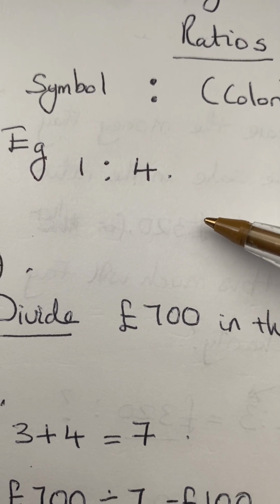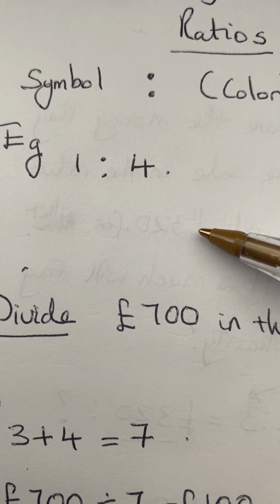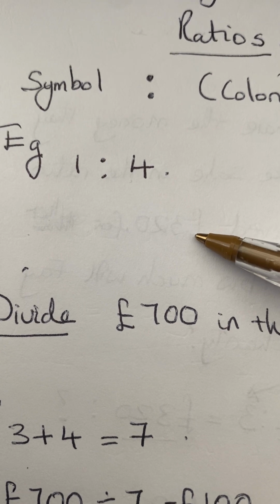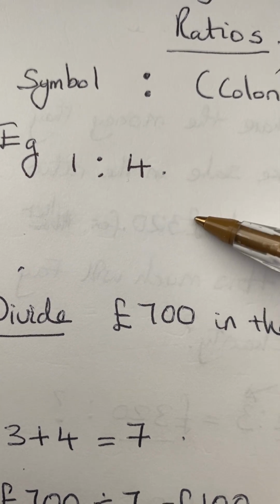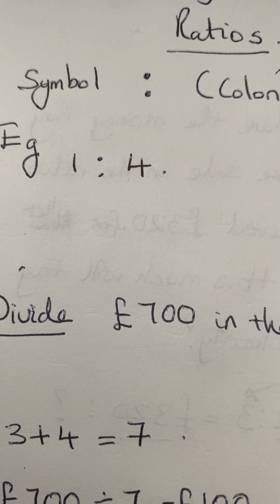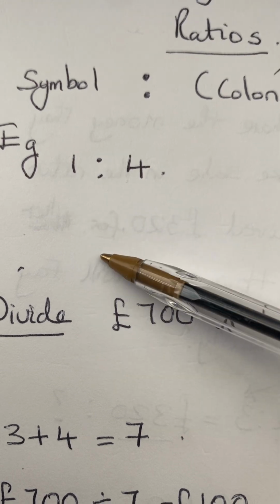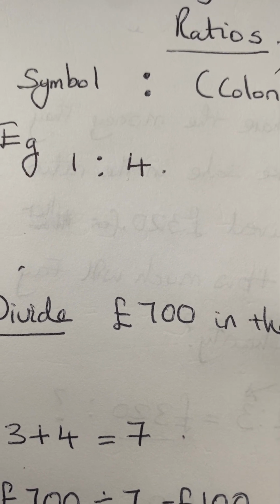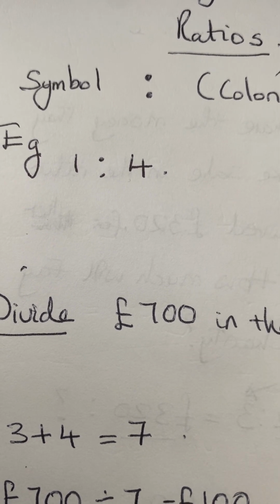So maybe if you have 10 apples, then you can divide it into a 2, a 4, and a 4 proportion, where the ratio will be 2:4:4, assuming you are dividing in that ratio among 3 people.